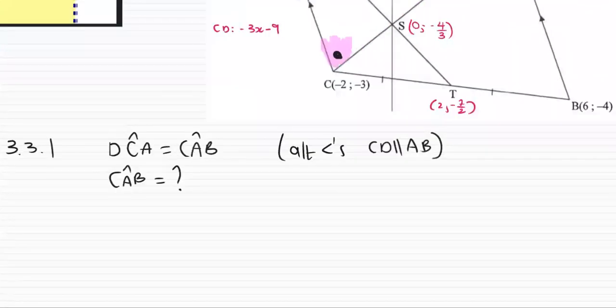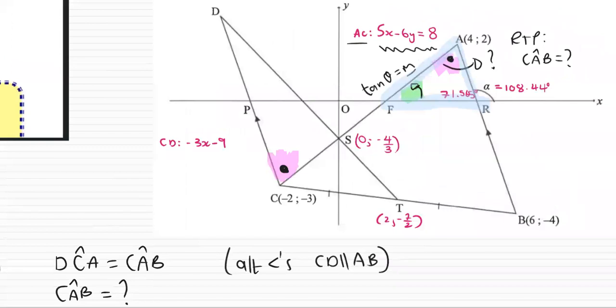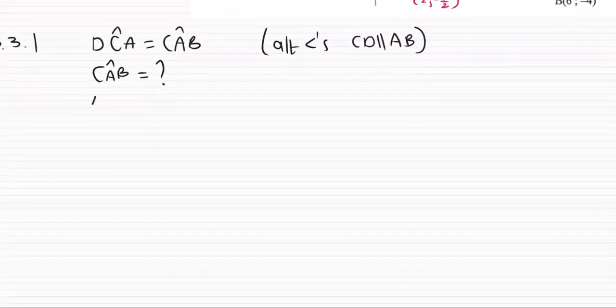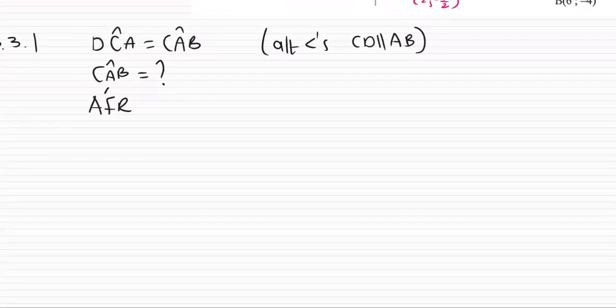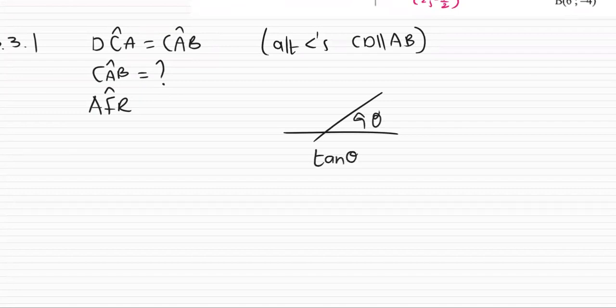Well, the first thing we noticed was the green angle, angle AFR. In order to get angle AFR, we can use the angle of inclination. If this is theta, then tan theta is equal to m, which is the gradient of our line.